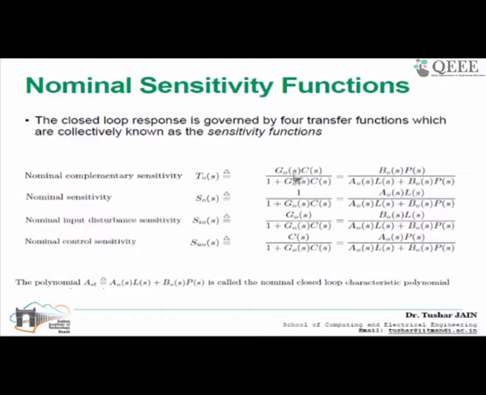So this was pretty much clear. This one, the nominal complementary sensitivity, G naught C over 1 plus G naught C, you will see very quickly is nothing but the closed loop with the controller in the loop, and it is the ratio of the output and the set point. The nominal sensitivity is the ratio of the error and the set point.